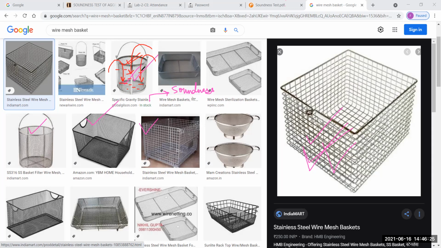So it's clear to everyone what is wire mesh bucket? Yes, sir. Okay.